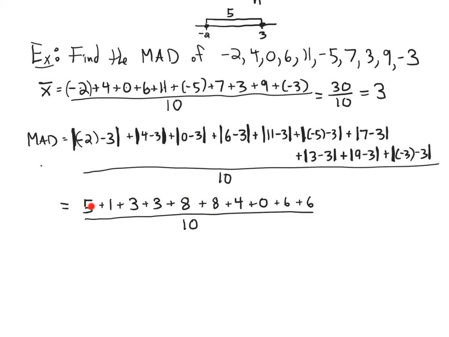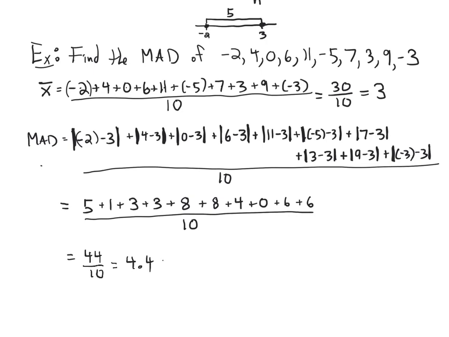Again, all of these guys, these are all the distances between each point and the mean. We're looking for the average distance. So we add this together, and we get 5 plus 1 is 6, 9, 12, 20, 28, 32, 38, 44. So this is 44 over 10, which is, of course, 4.4.